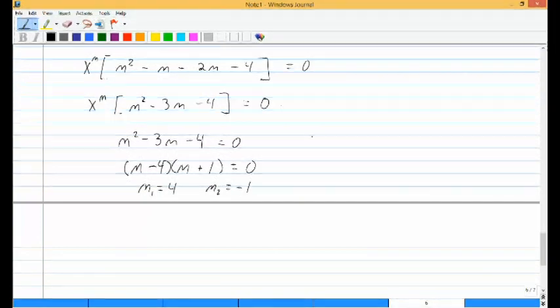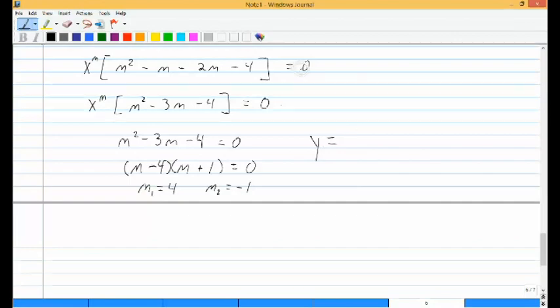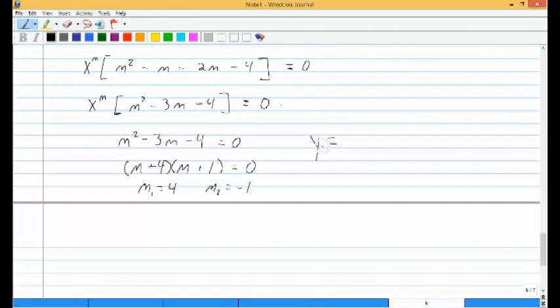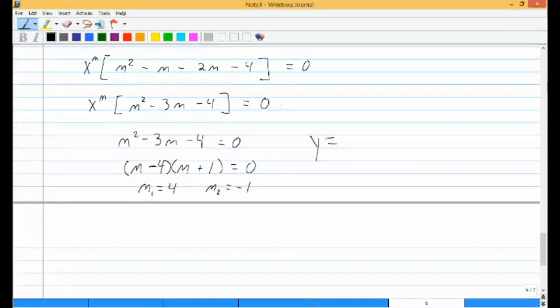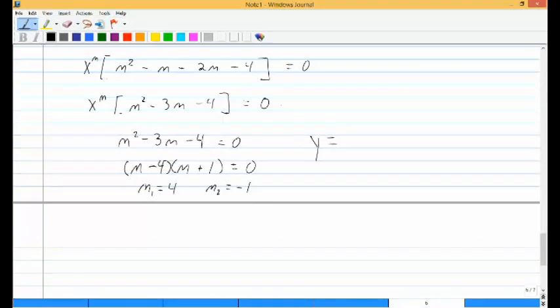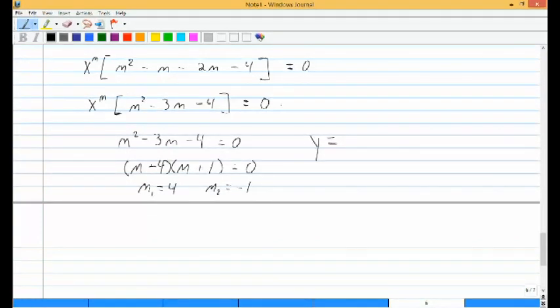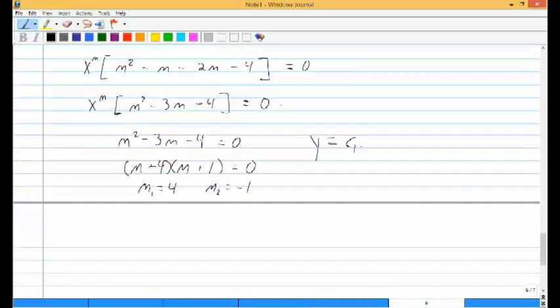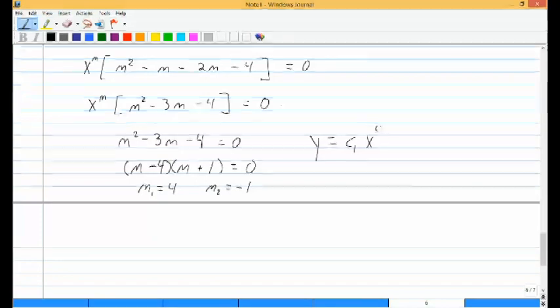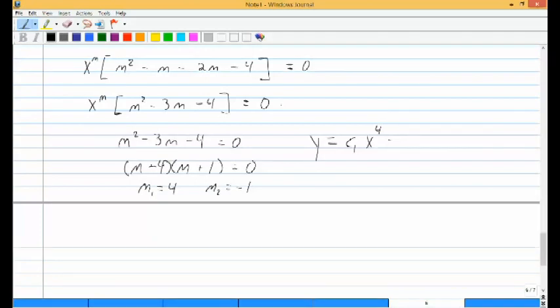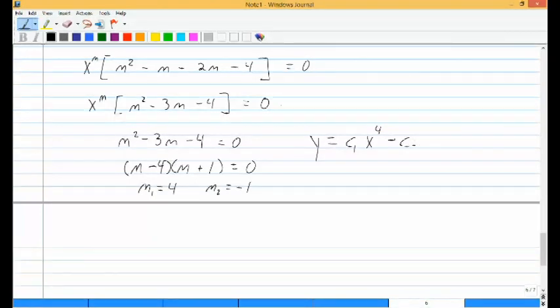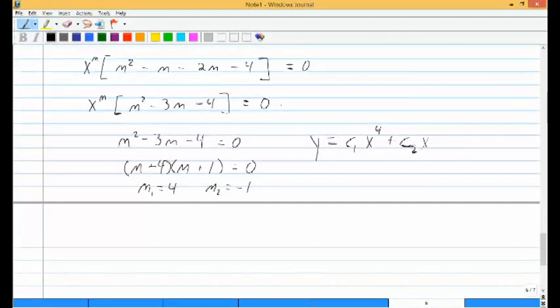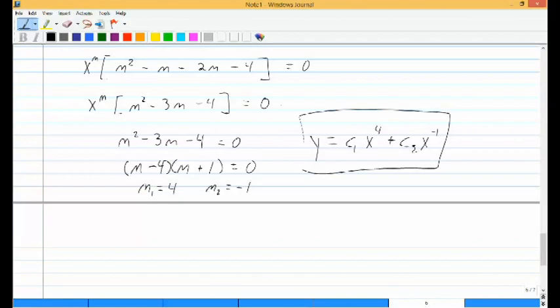That means that I can write our solution, which if it's a homogeneous equation, we don't really have a complementary and a particular. We just have a complementary. There is no particular solution. So I'm going to have y equals c sub 1 x to the 4th plus c sub 2 x to the negative 1. And that's my solution.